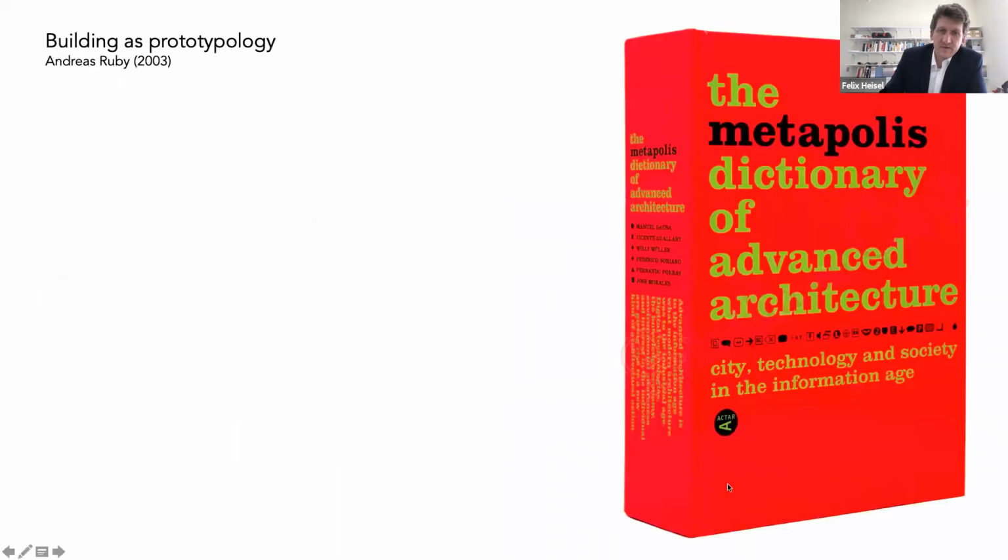This was first defined by Andreas Ruby in 2003 in this quite exciting book, the Metabolist Dictionary of Advanced Architecture. And so to use Andreas's words, just as the prototype anticipates a product yet to be developed, the prototypology represents a typological configuration in permanent state of evolution.